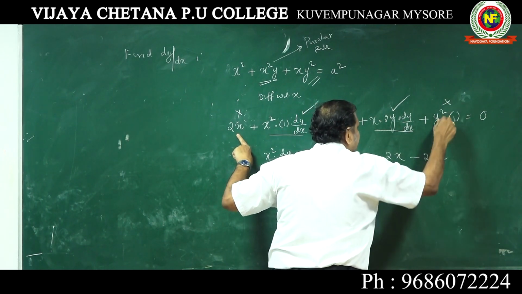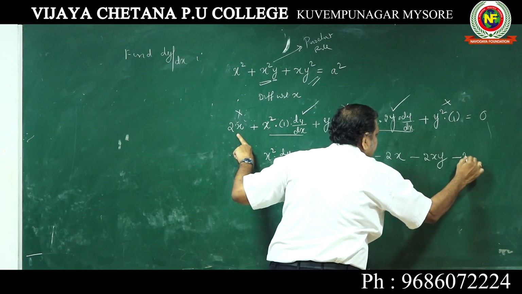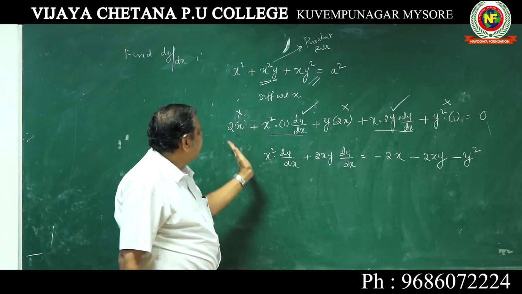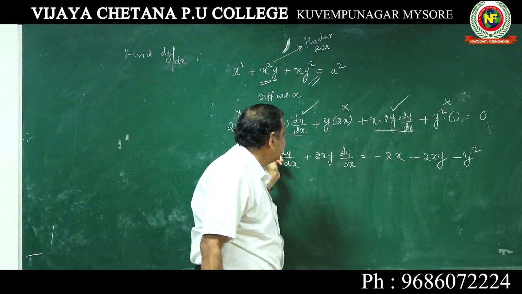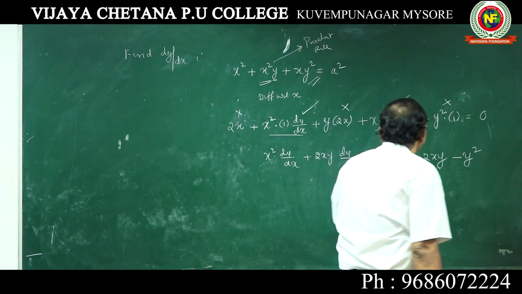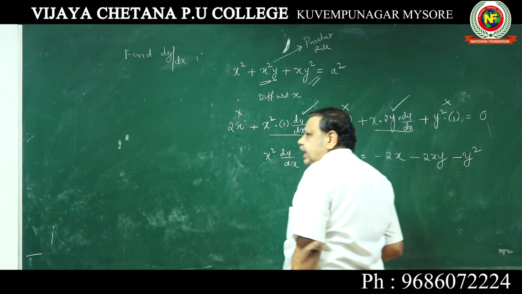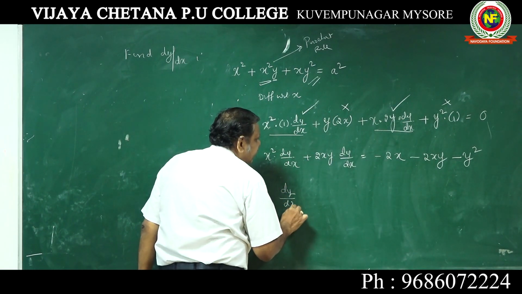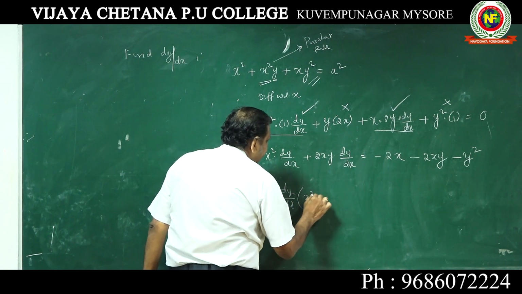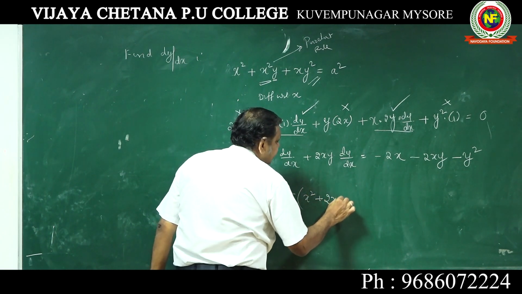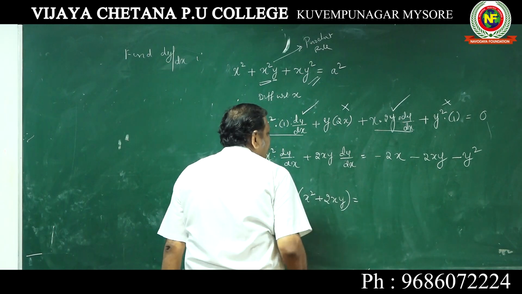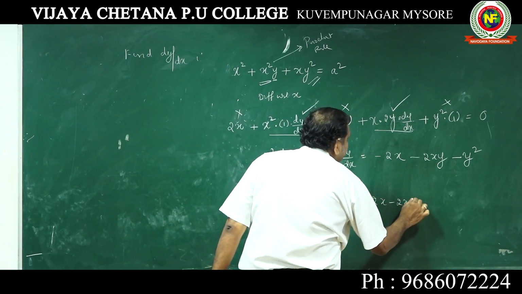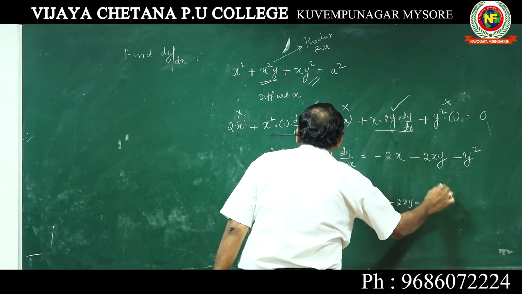This also you can shift, because no dy by dx. Only the term containing dy by dx should be on the left side. All other terms independent of dy by dx should be taken right side. Now take out dy by dx outside. Dy by dx into x square plus 2xy is equal to minus 2x minus 2xy minus y square.